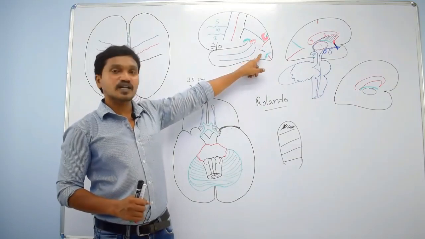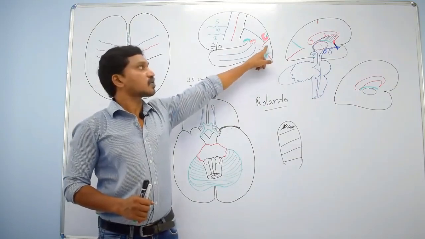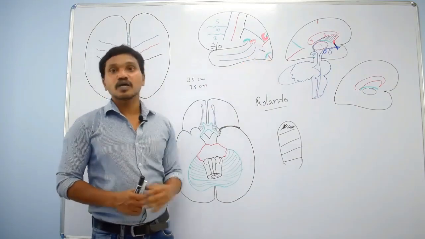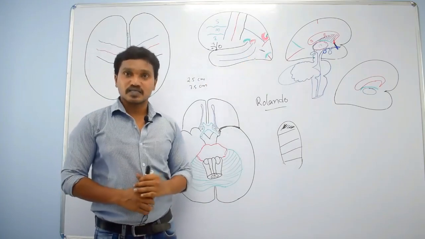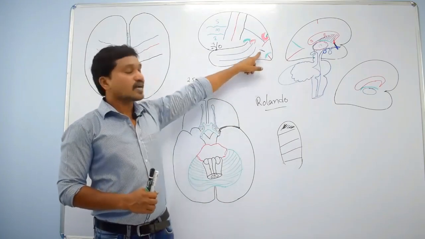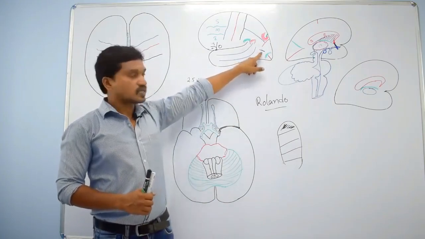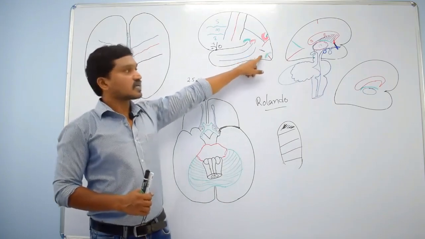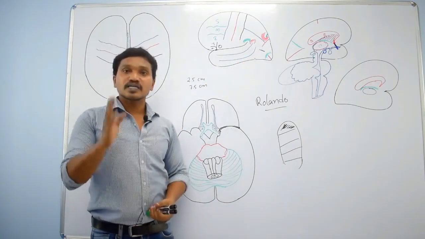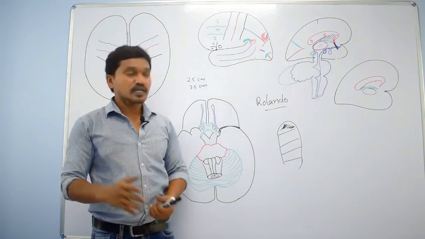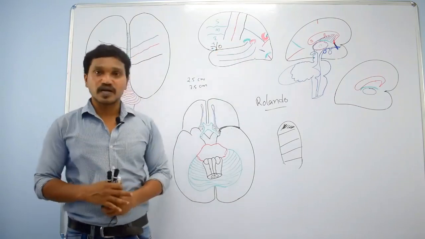Because of the lateral occipital sulcus, the occipital lobe divides into superior and inferior occipital gyrus. And in between the lateral occipital sulcus and lunate sulcus, this gyrus we call the gyrus descendens, right? So that is about the superior lateral surface.